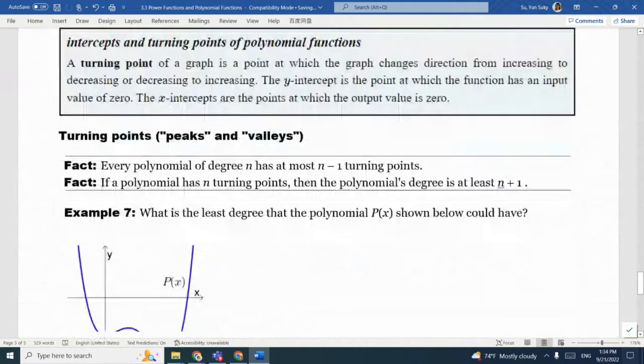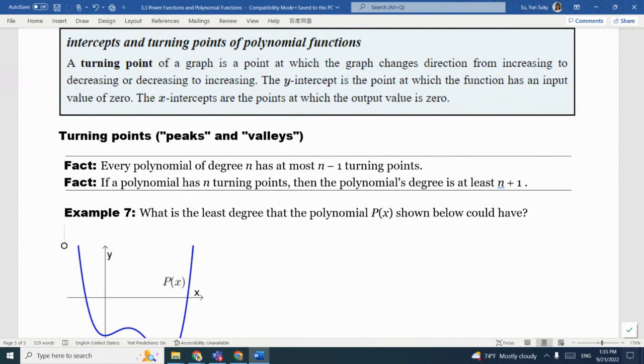Intercepts and turning points of polynomial functions. A turning point of a graph is a point at which the graph changes direction from increasing to decreasing or from decreasing to increasing.